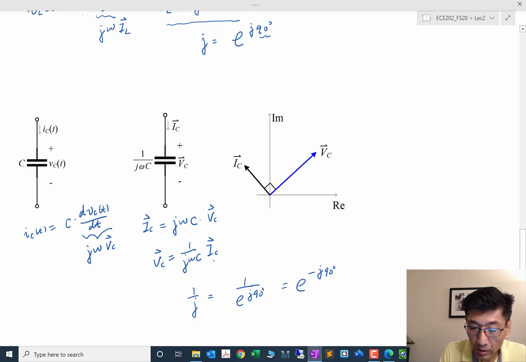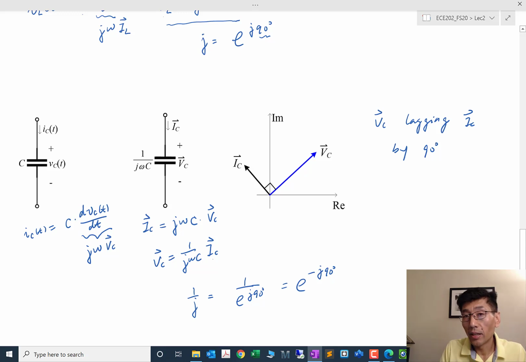So in this case, V sub c is lagging I sub c by 90 degrees. Or you can say I sub c is leading V sub c by 90 degrees. So this is for the phasor.